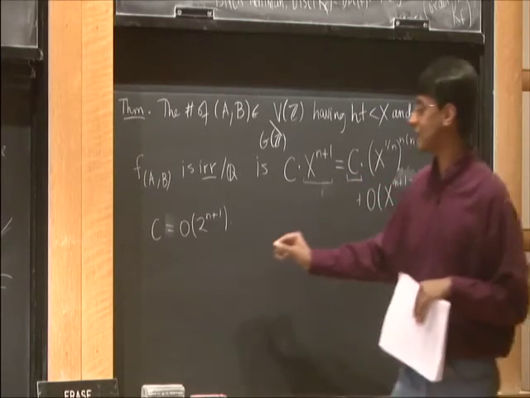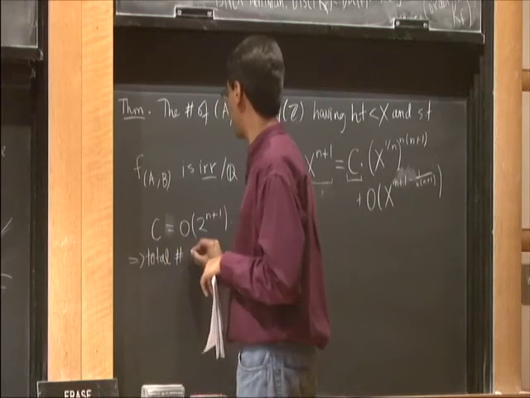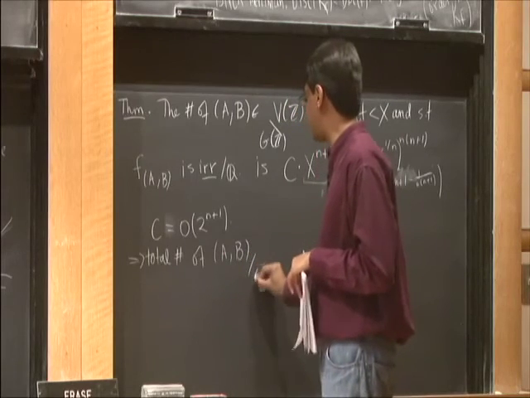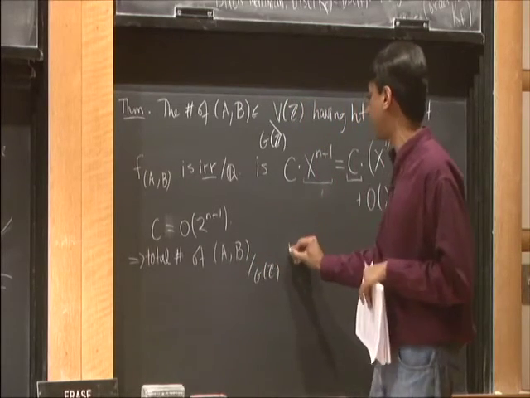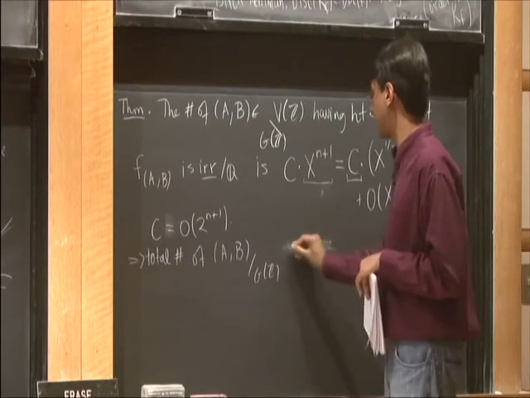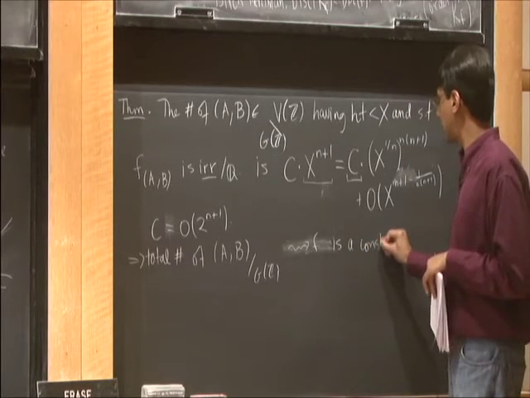So what this is saying is that the total number of AB, up to this G of Z equivalence, is on average a constant for each given F.